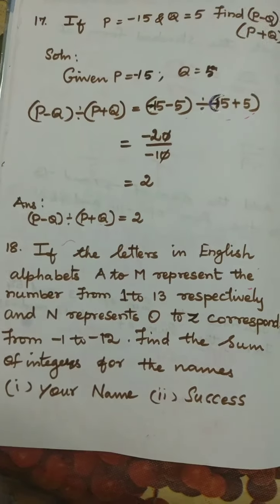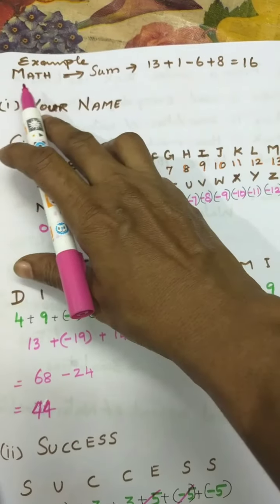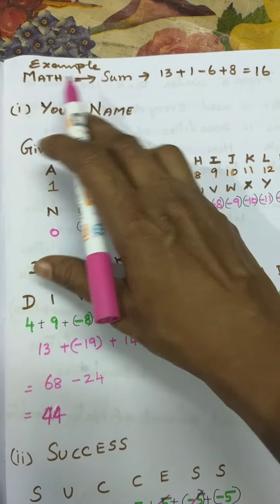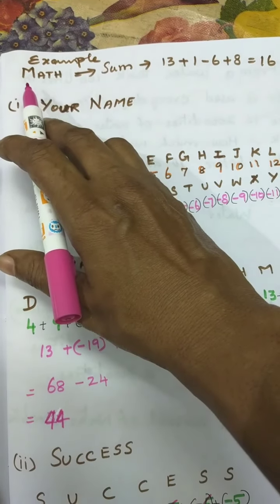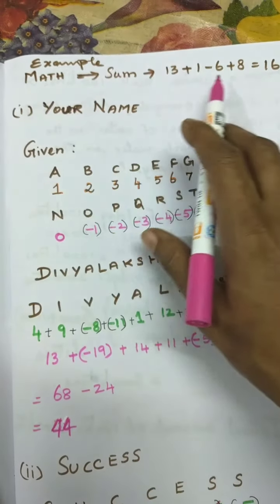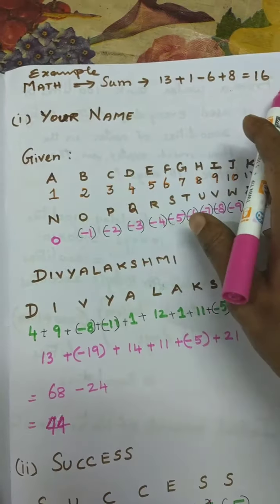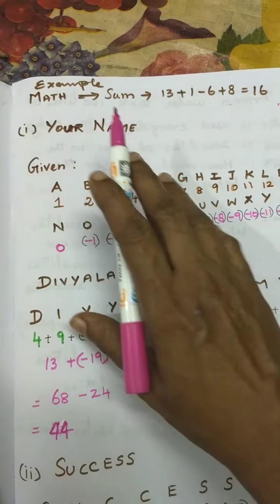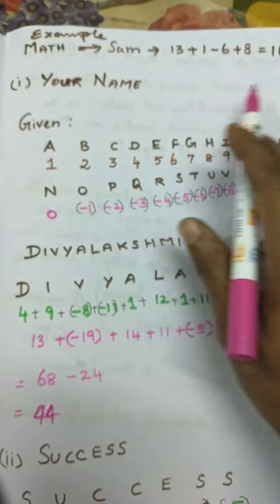I will show. That is the example they have given, MATH, math, sum. You have to find the sum. That is for M, 13, and A, 1, T, minus 6, and H, 8. That is equal to 16. Now we shall write how they have written the example.